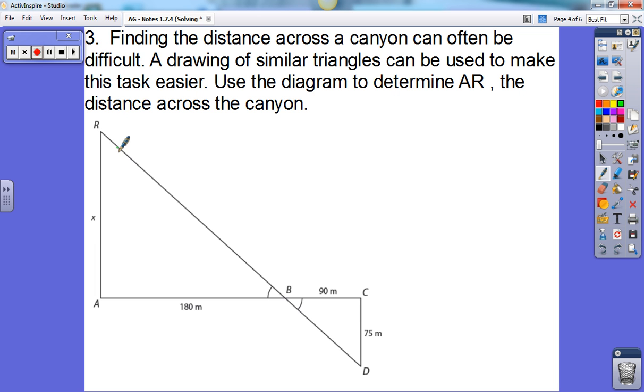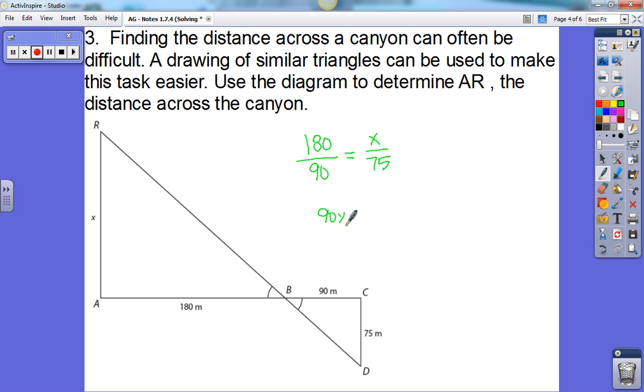Here it's asking us to find the distance across a canyon, and it's AR, but it's also labeled as X. So I'm going to set up proportions. Again, I have similar triangles, so I'm going to set it up. I've got 180 over 90 equals x over 75.